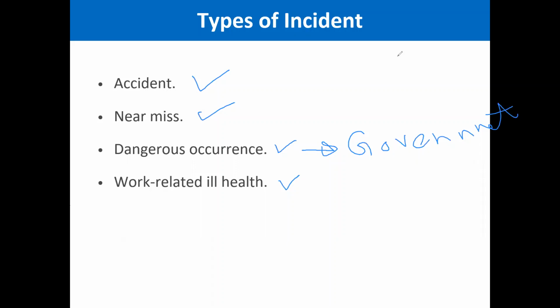It will cause a disease which is called asbestosis or lung cancer. So if you get work related illnesses, those are also incidents. Okay. So these are the various types of incidents that must be investigated and reported as well.